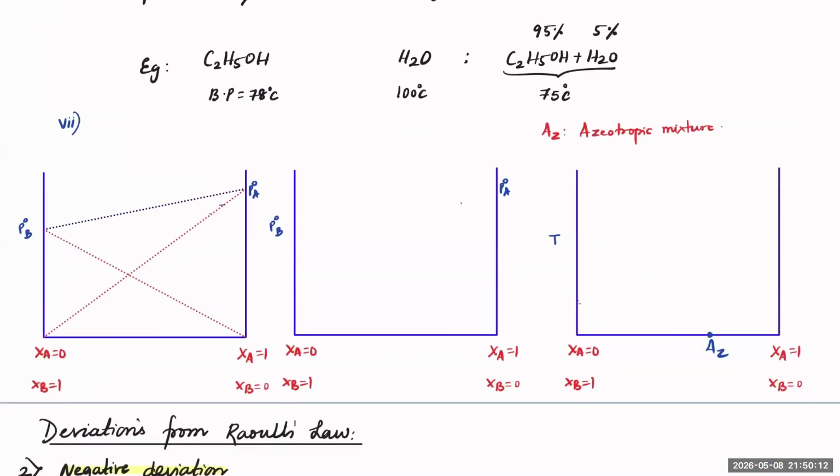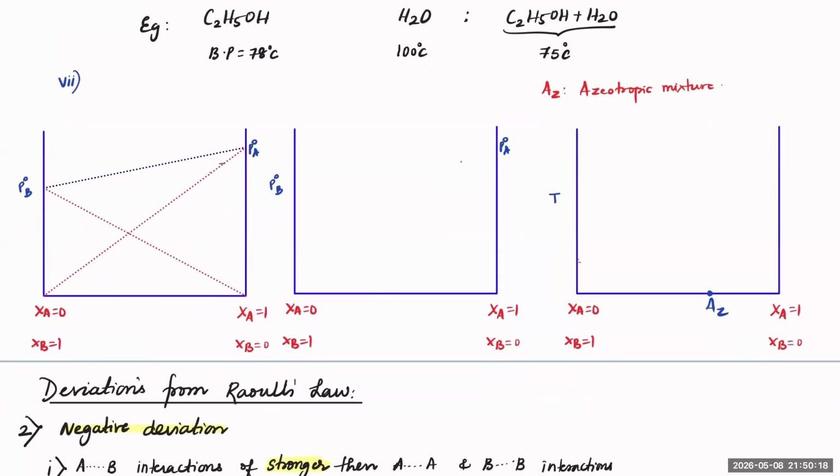Okay. Now, how do we explain this graphically? If it comes to positive deviation, ideally the total pressure should go like this, and ideally the partial pressure should go like this. Correct? But now, because there is a positive deviation, you will see the total pressure is greater than the ideal pressure.